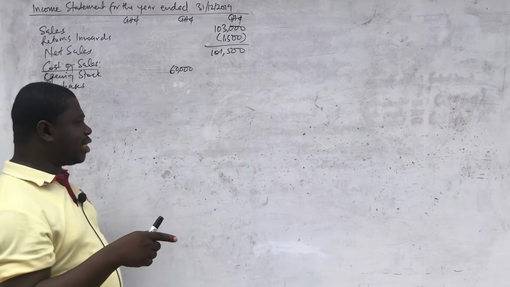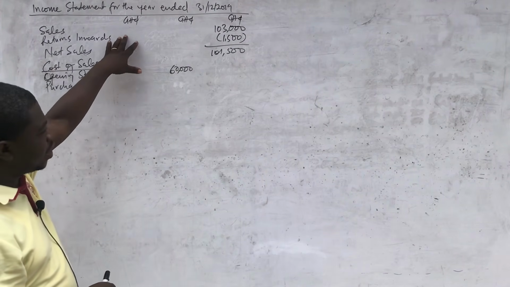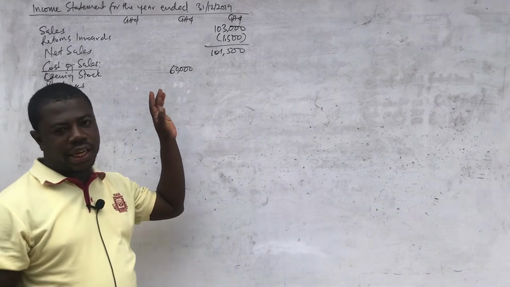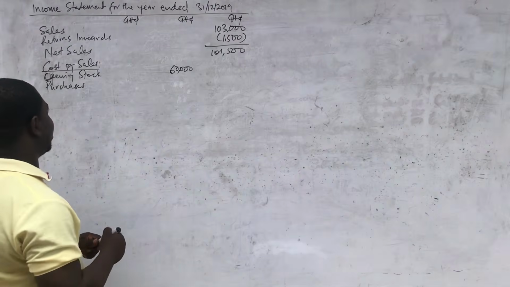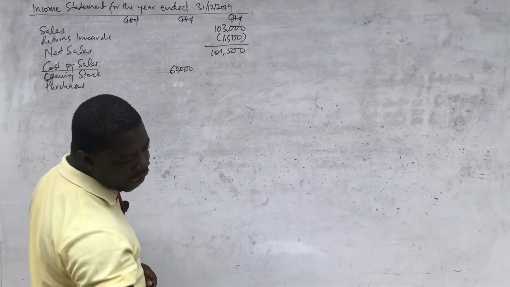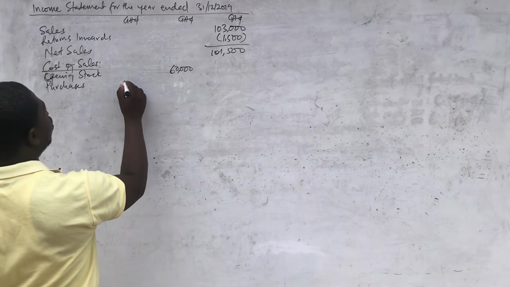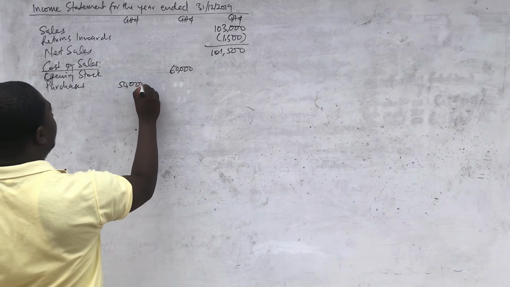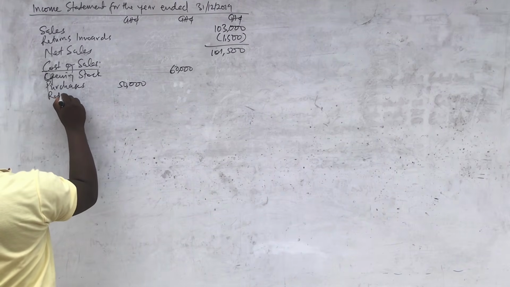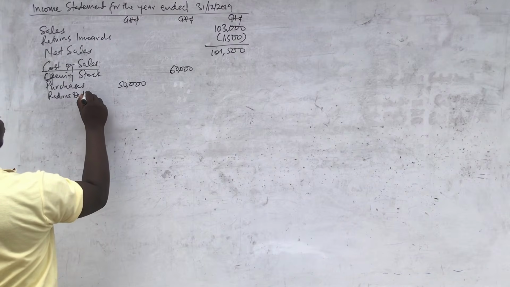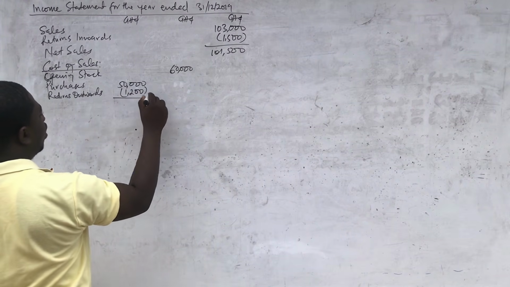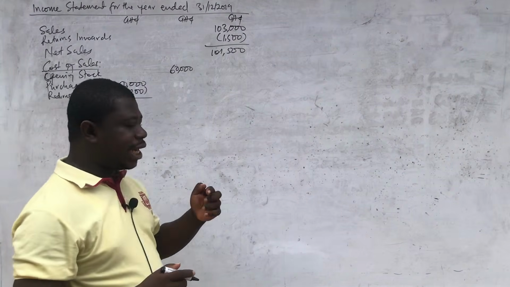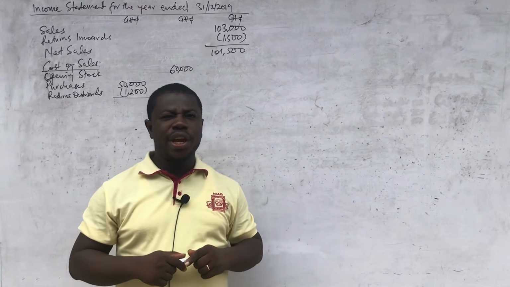But if there is any adjustment, we'll record it first under the first currency sign, adjust it, and bring the net purchases. And in this question, there was an adjustment. There was returns outwards in the question. And so the purchases that we had from our workings was 50,000. I put it here. And then I'll take out returns outwards of 1,200, which is going to reduce the net purchases.